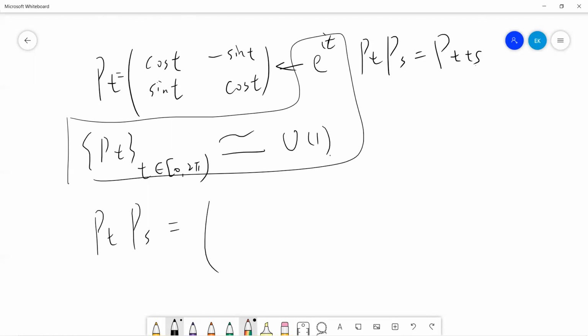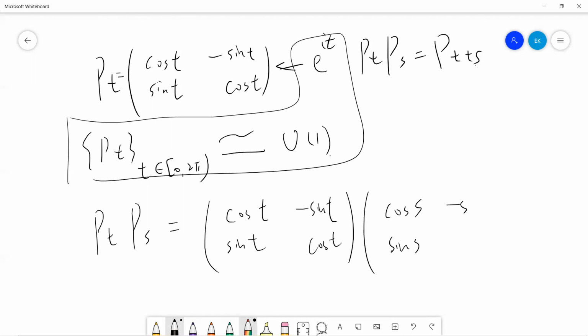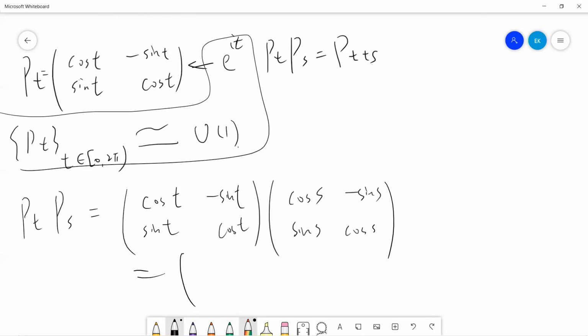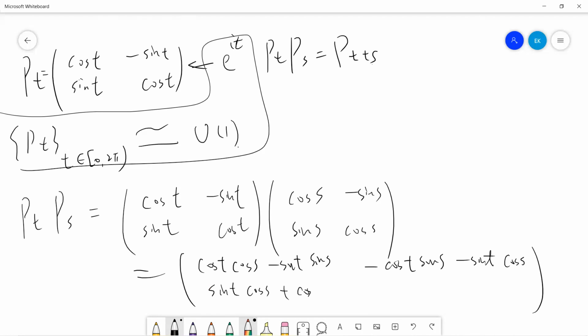P of t times P of s is cosine t, sine t, negative sine t, cosine t, times cosine s, sine s, negative sine s, cosine s. Now let's just do the matrix multiplication. This entry is cosine t cosine s minus sine t sine s, this one is negative cosine t sine s minus sine t cosine s, this one is sine t cosine s plus cosine t sine s, and this one is negative sine t sine s plus cosine s cosine t.